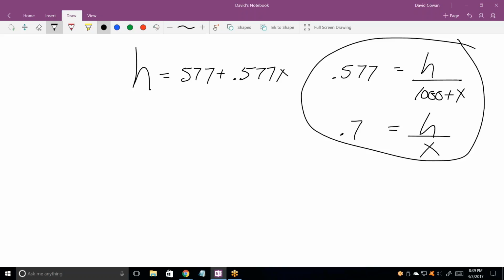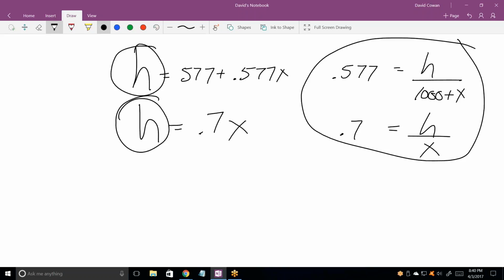That, right? Yeah. The bottom one, what's h equal to? 0.7x. And this is the same h. This h is exactly the same as that h. It's the height of the rocks.